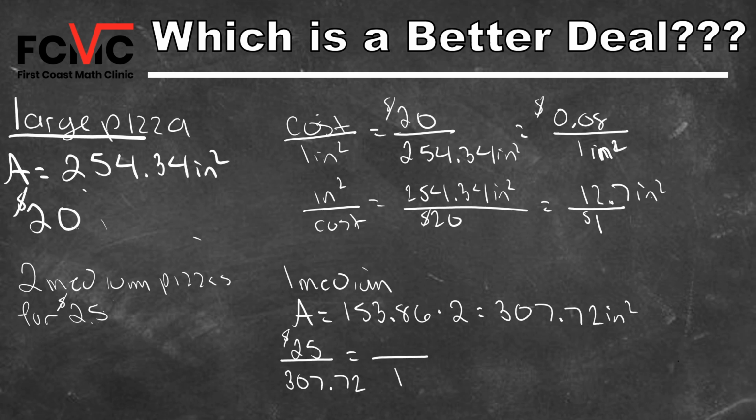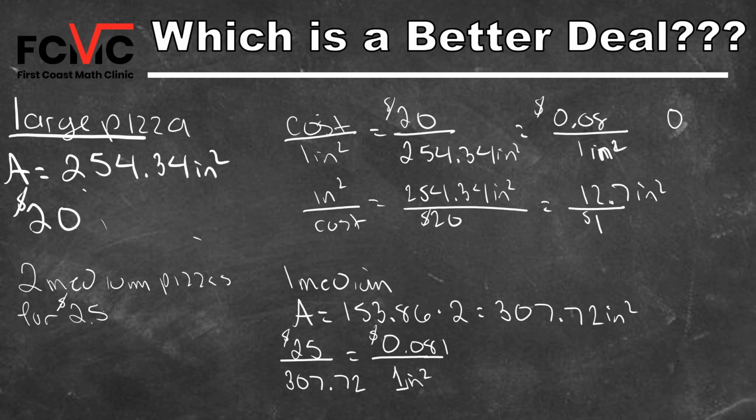So for 1 inch squared, we get 0.81, so a little bit more than 8 cents. So this is still slightly more expensive. When I originally got this, I had to round this to get to 8 cents.